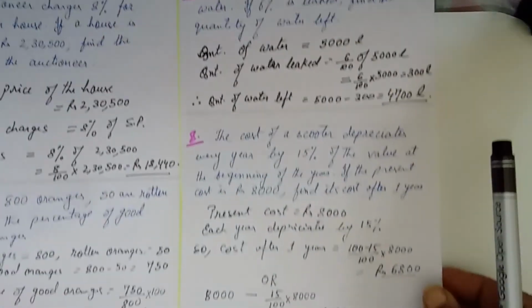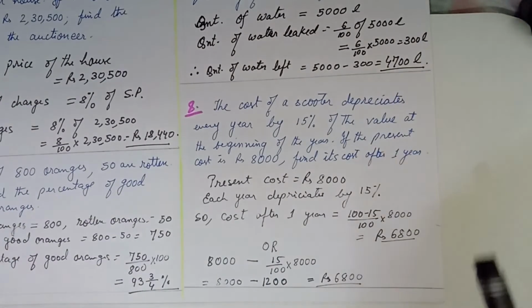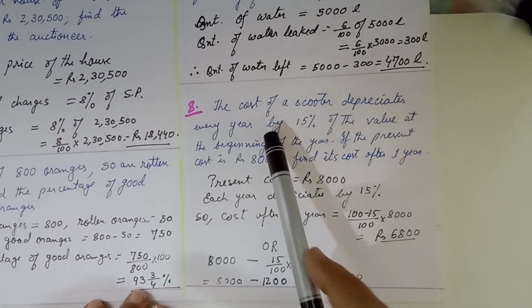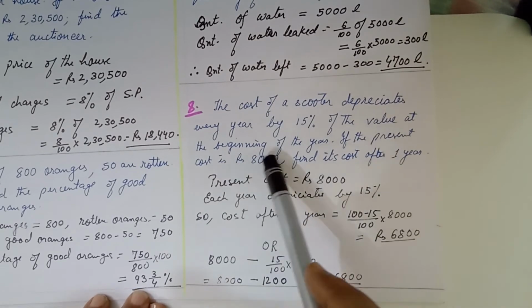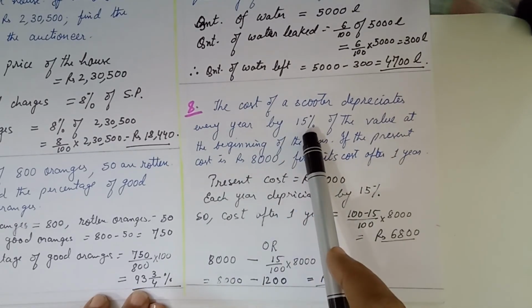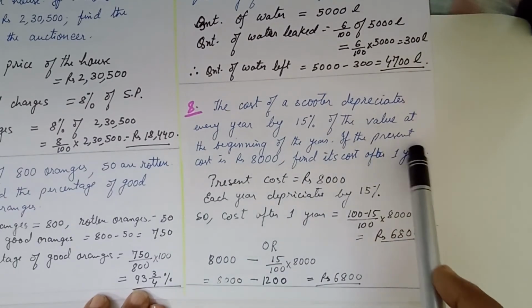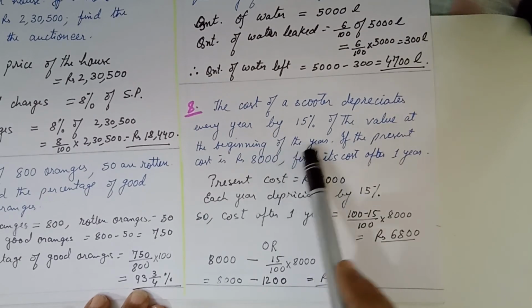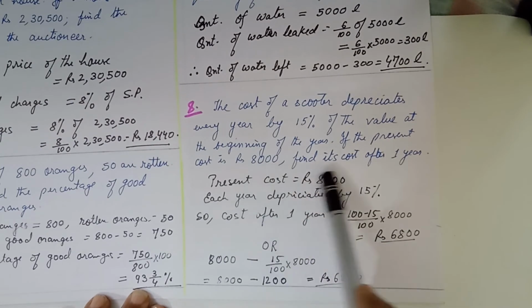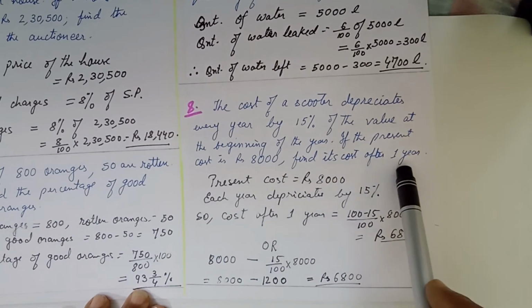Question number 8. Depreciation. The cost of a scooter depreciates every year by 15% from whatever is the value at the beginning. If the present value is rupees 8,000, find its cost after 1 year.